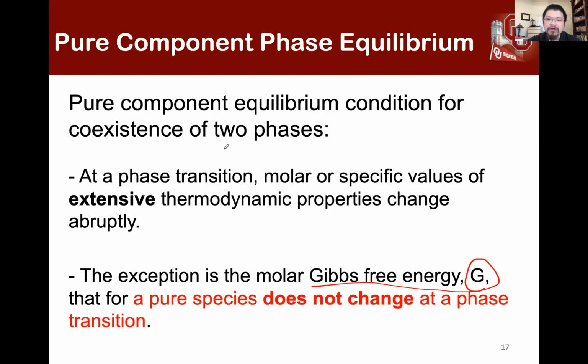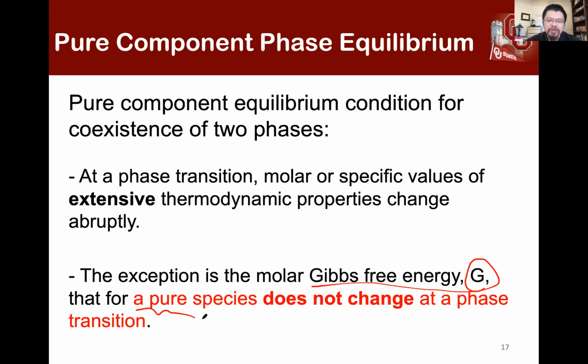The second note is, as I have over here, at a phase transition, molar or specific values of extensive thermodynamic property will change all of a sudden. We don't have a continuous smooth change, but the only exception is the Gibbs free energy, which is for the pure substance.